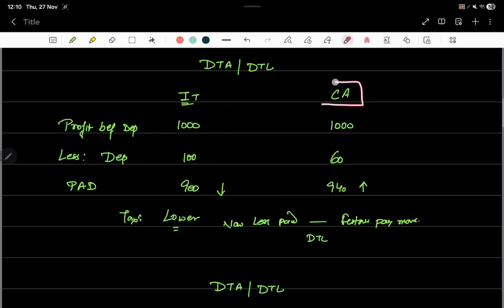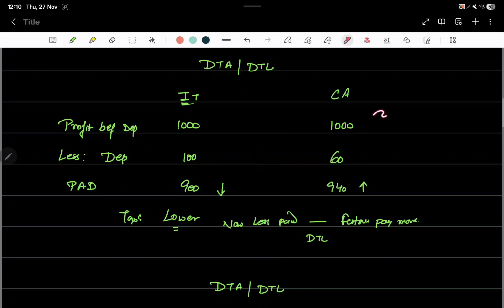Now when the company has prepared the books of accounts, they have followed a certain depreciation method and it comes to 60 only. So if you subtract 100 from 1000, you will get 900 as profit after depreciation. Only on this profit you will charge the tax.